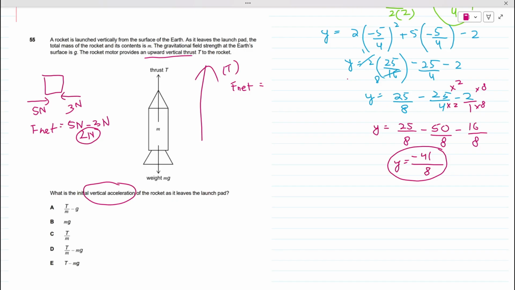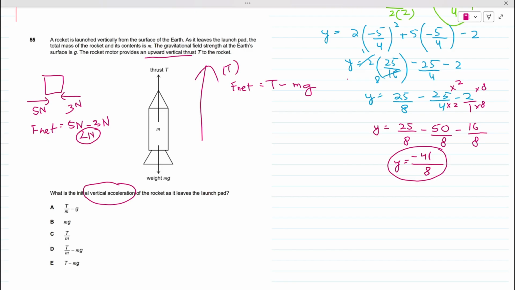After cancellation of the opposite forces, the force that is now left is what we call net force, right? So here of course your thrust minus weight would be your net force. Thrust is T, weight is mg. And we know the formula for finding the force, which we have derived from the second equation of motion.